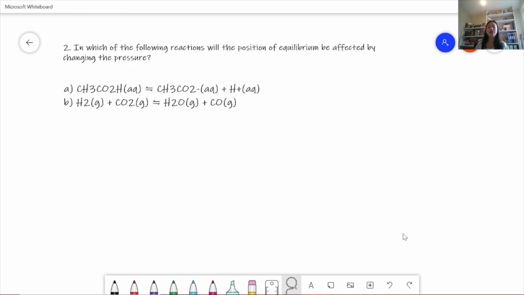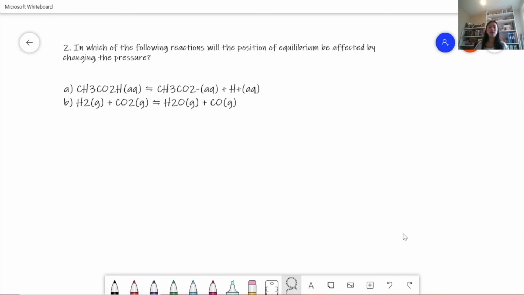Before we start with number 2, feel free to click off the video and try it out for yourself first. So in which of the following reactions will the position of equilibrium be affected by changing the pressure? So what we need to remember is that with pressure, first of all, it can only apply for gases.